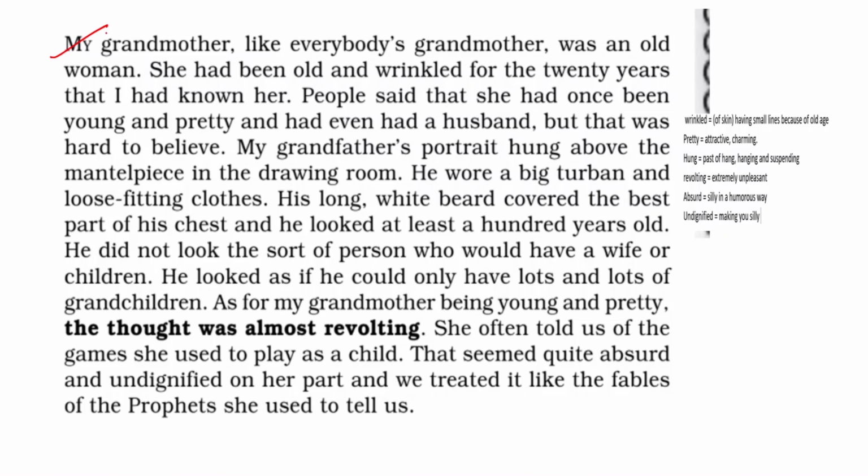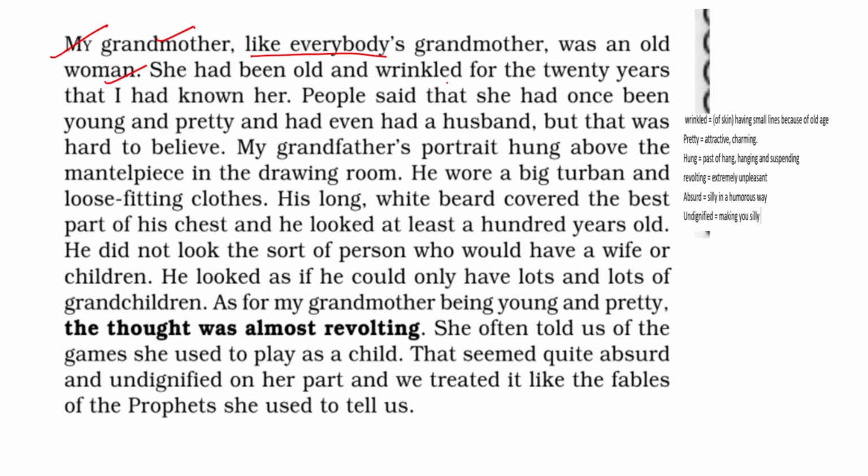My grandmother, like everybody's grandmother, was an old woman. The very beginning of the story is very interesting. He universalized the grandma in the story. His grandma, like everybody's grandma, was an old woman.